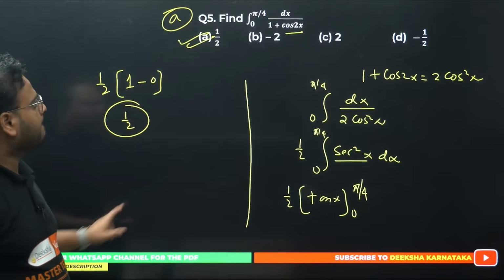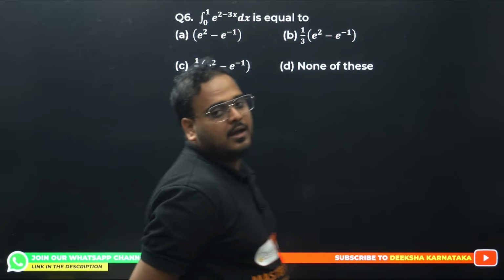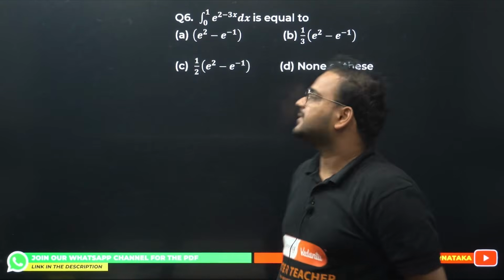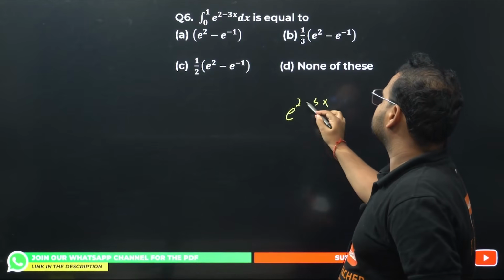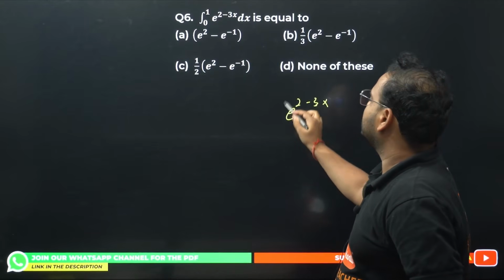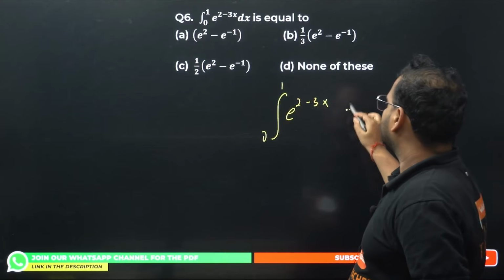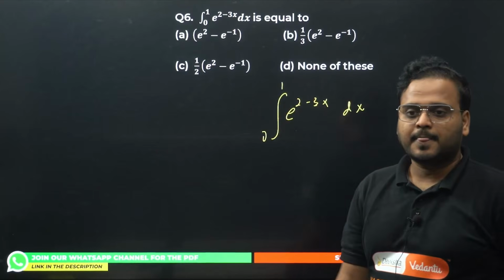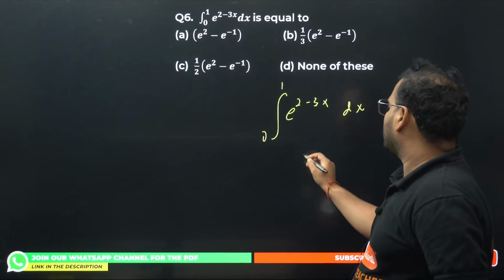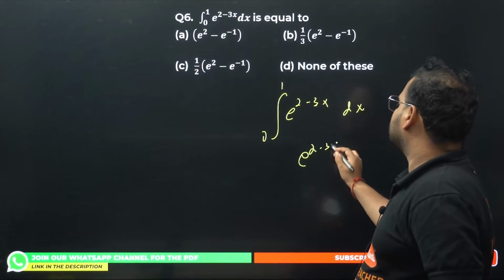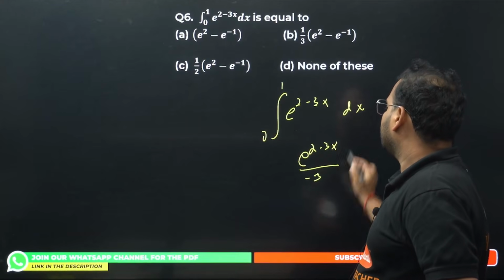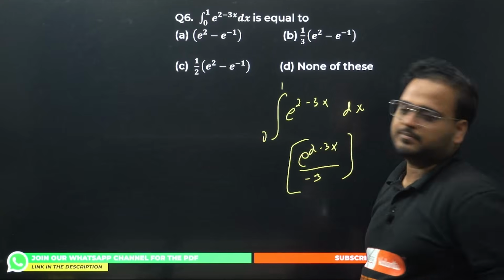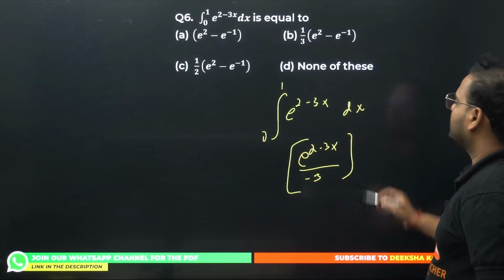Got it? Question number 6. It's a simple exponential question, right? We have e power 2 minus 3x, integrating this from 0 to 1. That's the question. I hope this is visible. So integrate this, you're going to get e power 2 minus 3x as it is, divided by minus 3, from 0 to 1.